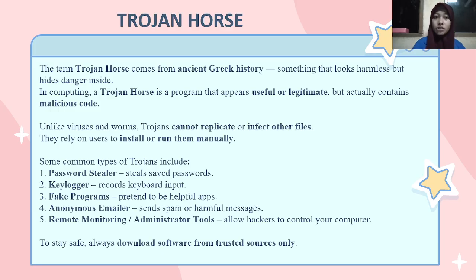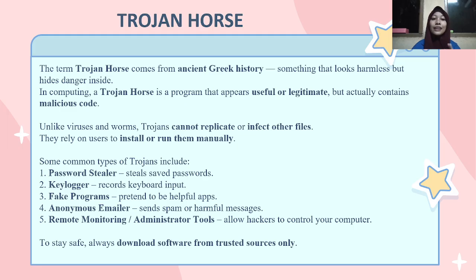Next, we talk about Trojan horse. The term Trojan horse comes from ancient Greek history, something that looks harmless but hides danger inside. In computing, a Trojan horse is a program that appears useful or legitimate but actually contains malicious code. Unlike viruses and worms, Trojans cannot replicate or infect other files.